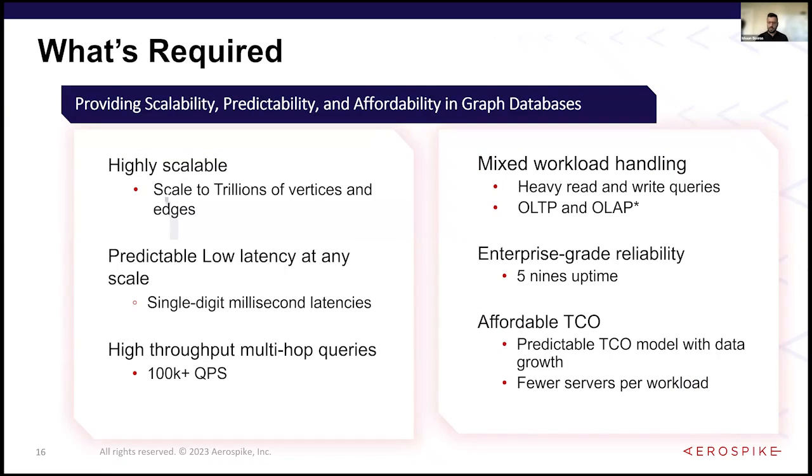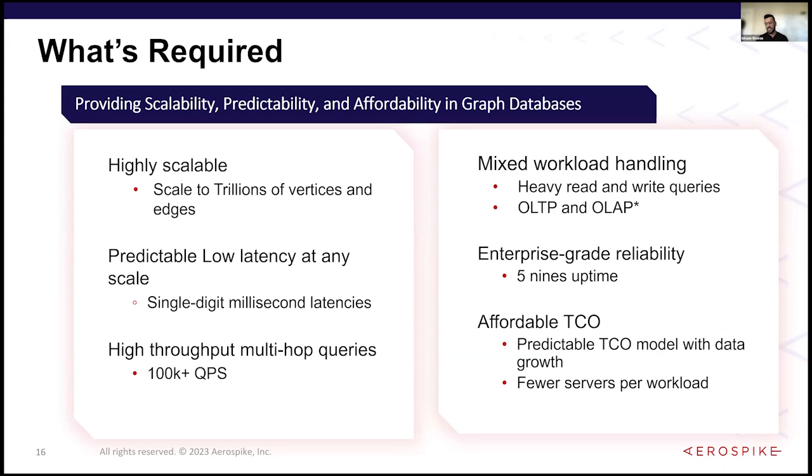We talked to a lot of customers and tried to figure out what they really need. At the core of it, you need infrastructure and a database that provides scale, predictability, and affordability. Graph databases tend to run up your bill pretty quickly because, like I mentioned, of the reliance on DRAM. So your license cost and your infrastructure cost just keep going up and up as your data volumes increase.